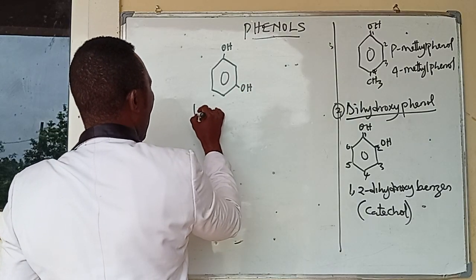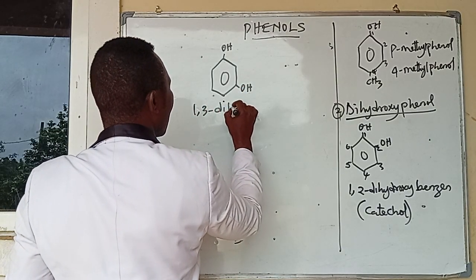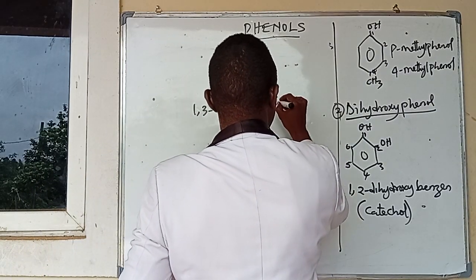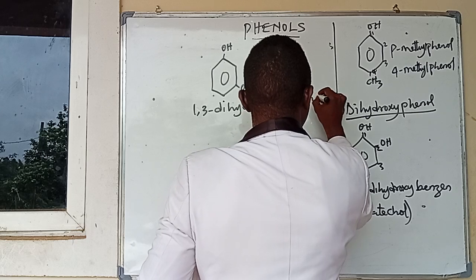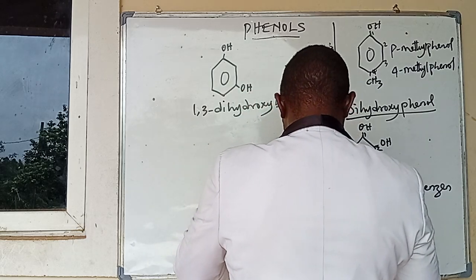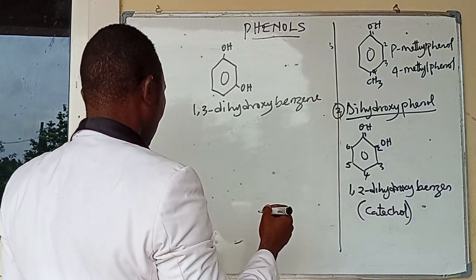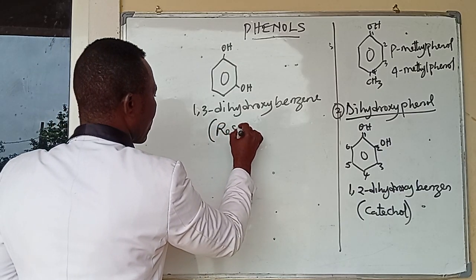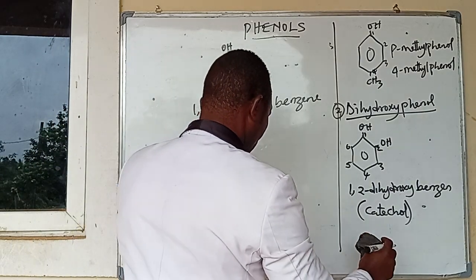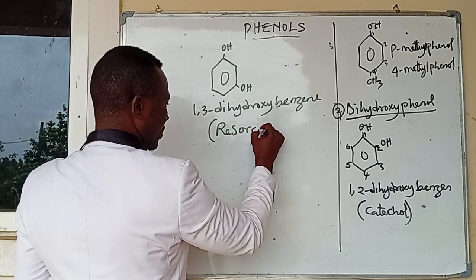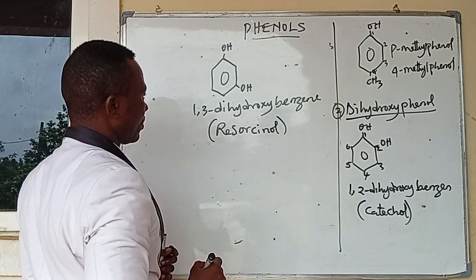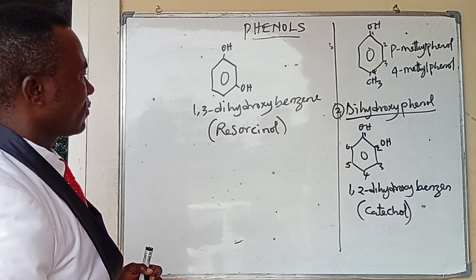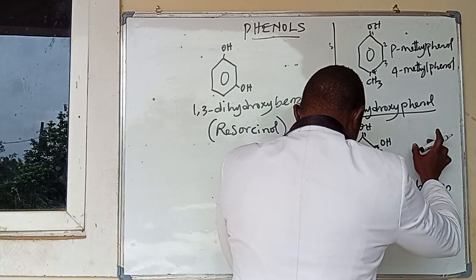This is 1, 3 dihydroxy benzene. 1, 3 dihydroxy benzene is known as resorcinol. So resorcinol is a dihydroxy benzene.